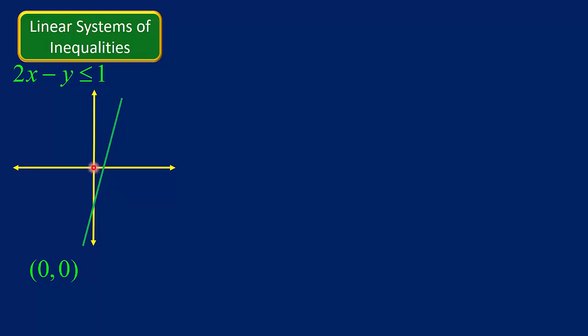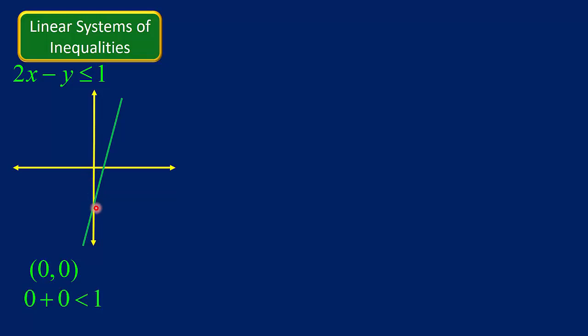If I plug 0, 0 into this linear inequality and I get a consistent expression, then I know to shade the region that contains 0, 0. But if it doesn't work, I need to shade the other region. So if it works, I shade the region from which I obtained it, and if it doesn't work, I shade the other region.